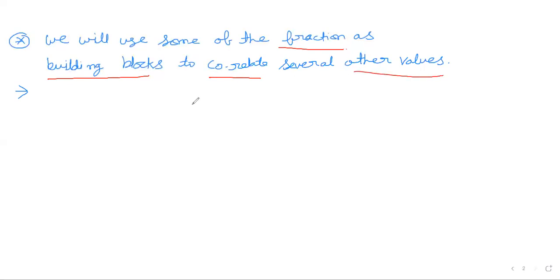Four words, right? Fraction, value of fraction, we have to remember as a building block for what? To correlate several other values, right? So here I'm writing, and in the next step we will see how to use these fractions as a building block to correlate with other values.